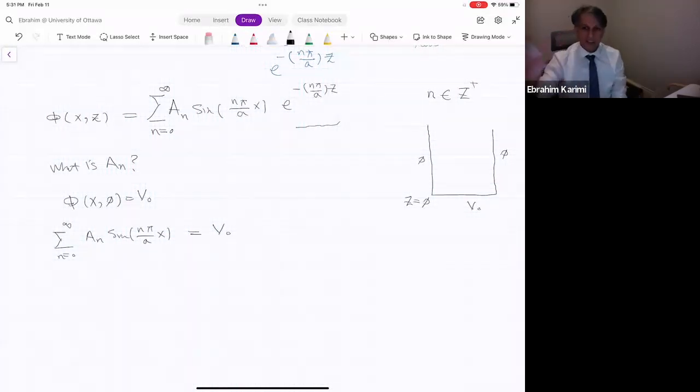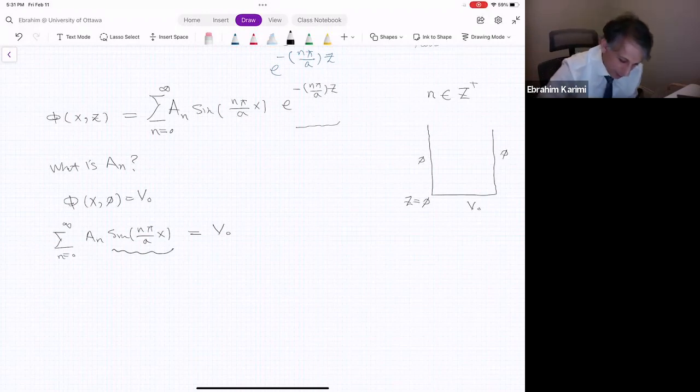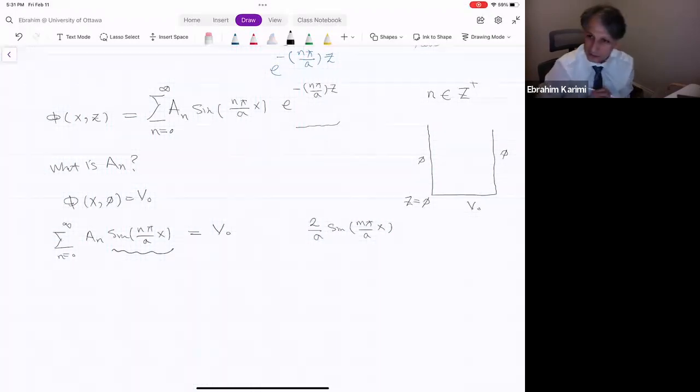Now I have already given you the hint, right? We previously defined a set of orthonormal functions, and this is exactly that orthonormal function, right? So multiply both sides by sine of m pi over a x with 2 divided by a, and integrate it.